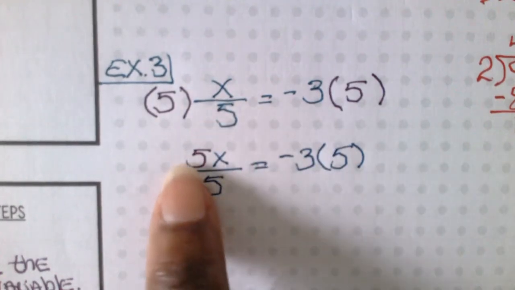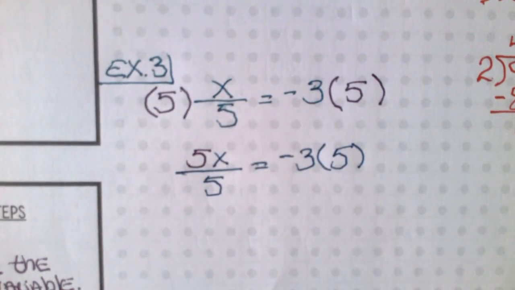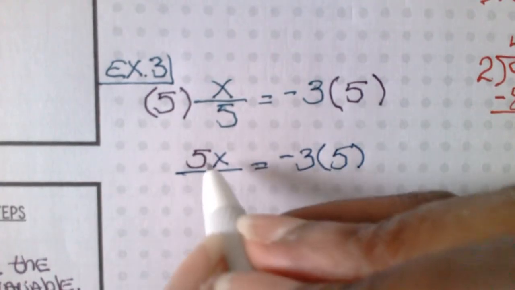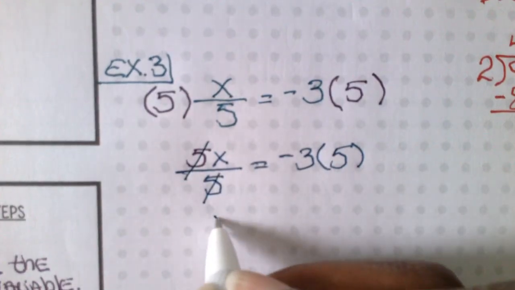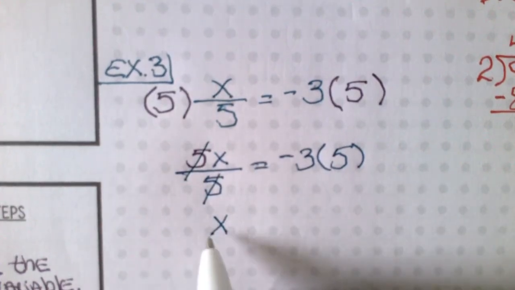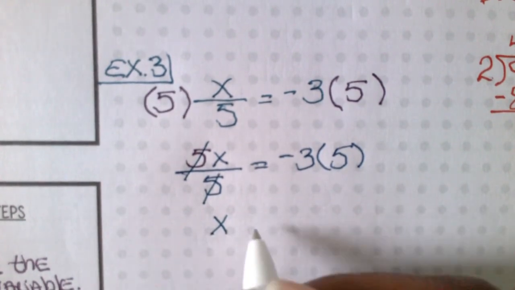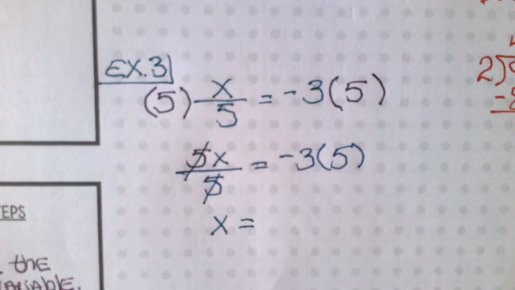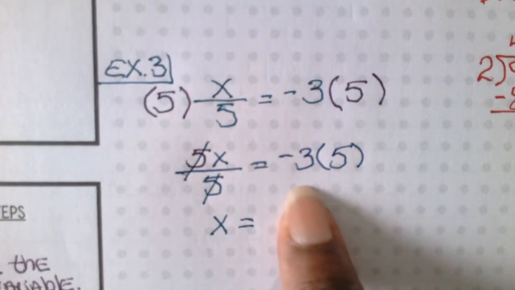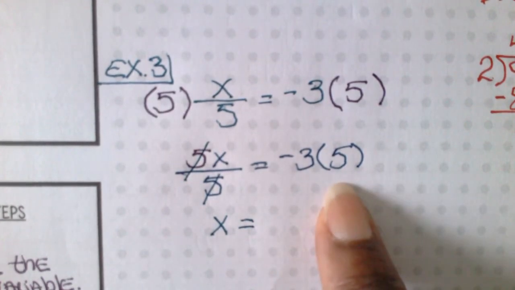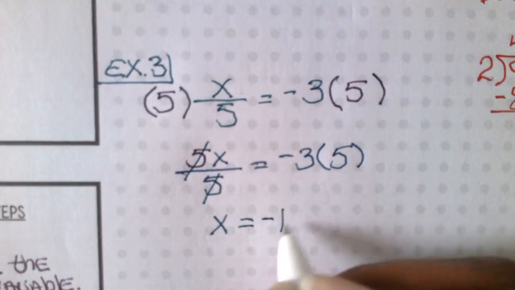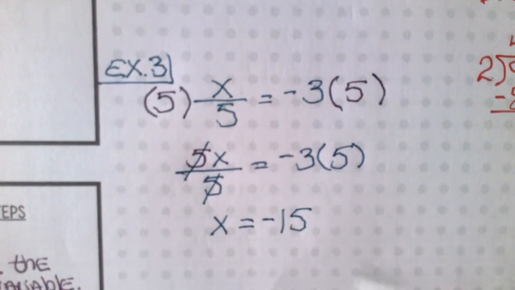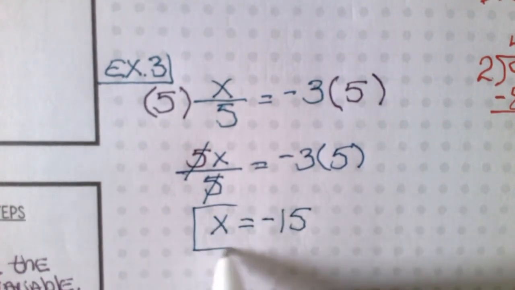So now, if you want to simplify, you can go right ahead. So 5 divided by 5 will actually give us 1x. But we said earlier, 1x and x is the same exact thing. So now, we got negative 3 times 5, which will give us, as many of you guys are writing, negative 15.